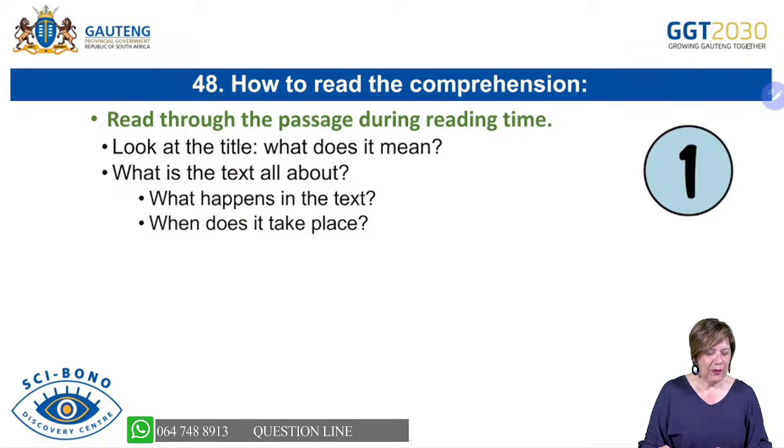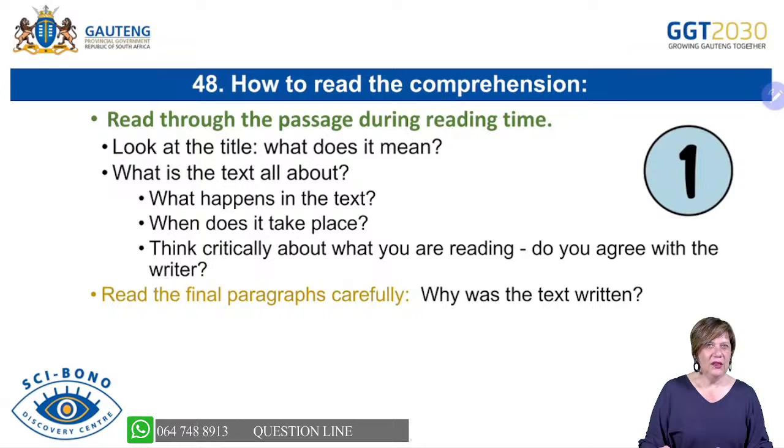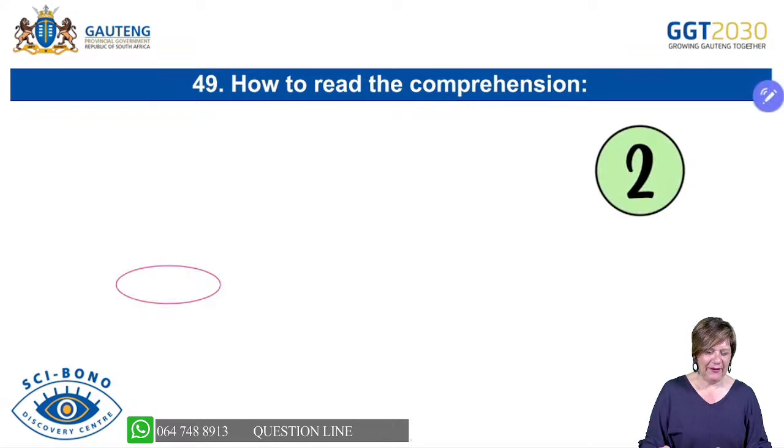When does it take place? Do you agree with what the writer is saying? Read the final paragraph. Why was the text written? The writer obviously has a plan with this text. Try to figure out exactly what his plan is.